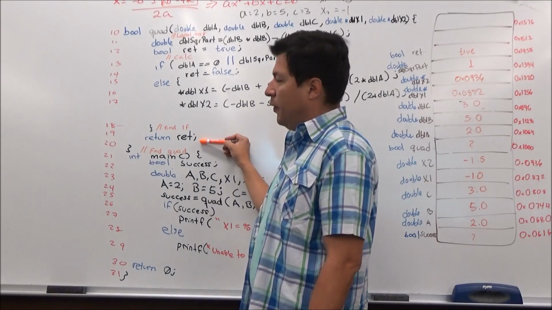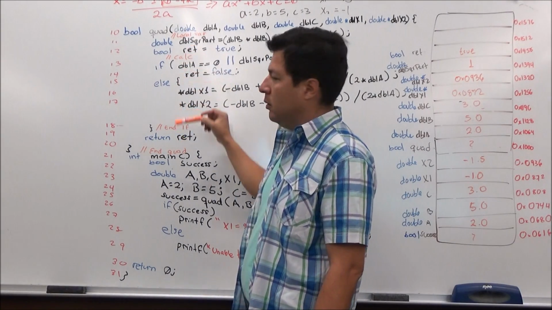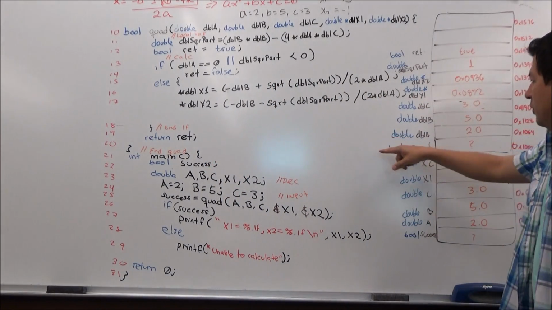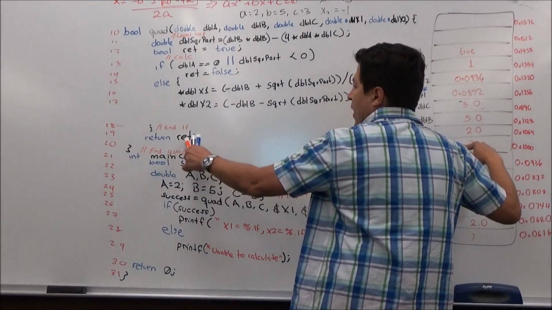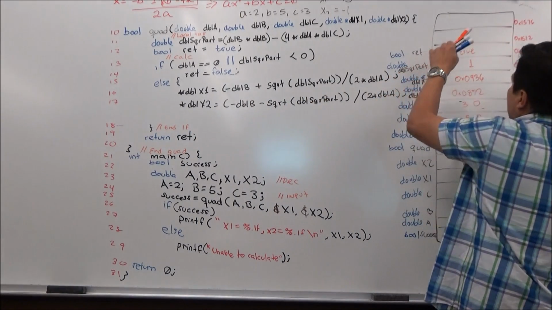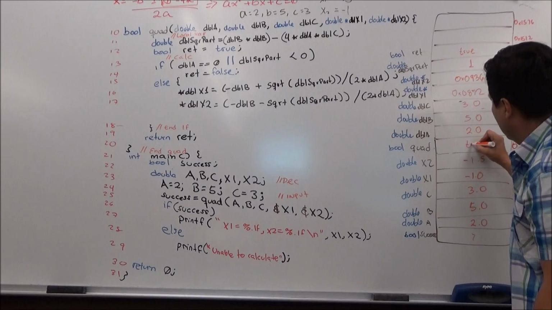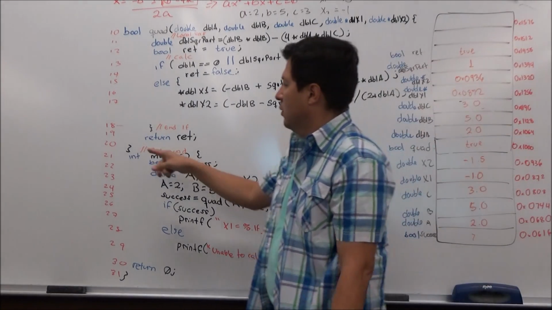Then it says, oh, return the value of this variable, right? So it goes here, where is return, goes to wherever I declared that function, that is here. And it says return the value of this variable. That variable is there, it's true. So I go here. And then it says the curly bracket.